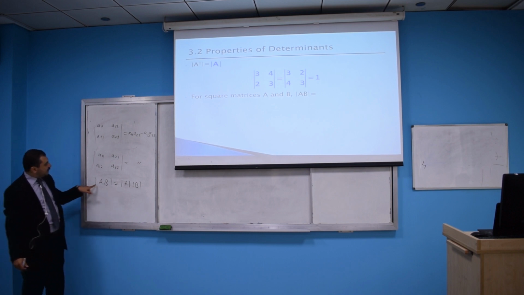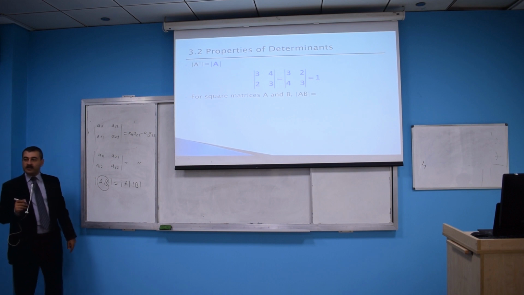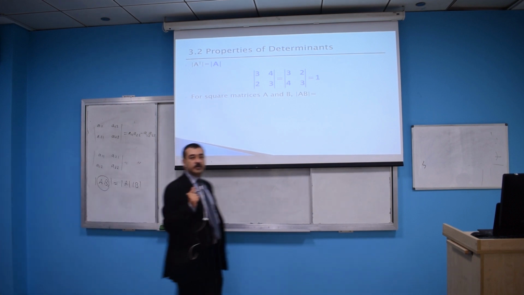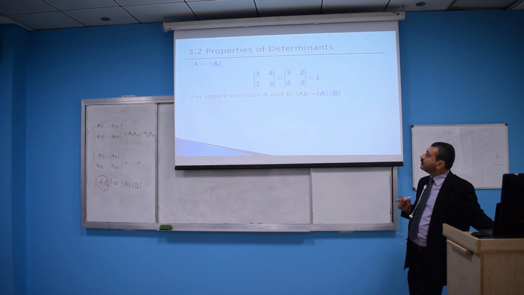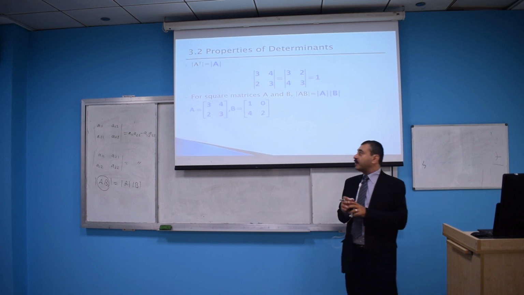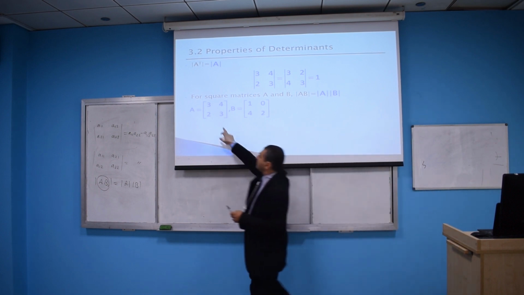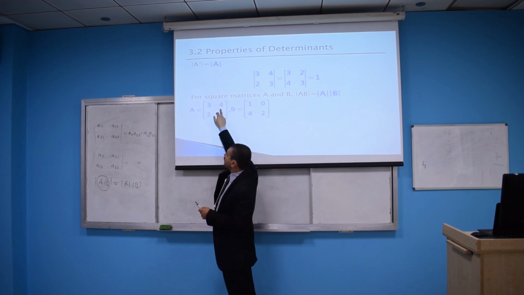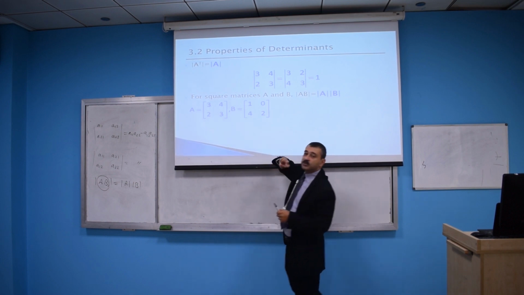For now, you don't have to evaluate this. Don't multiply the matrices, simply find the determinant of each and then multiply the determinants. So for example, if you have this A and this B, and you want to find the determinant of AB, you simply find the determinant of A, which is 1, and the determinant of B, which is 2.